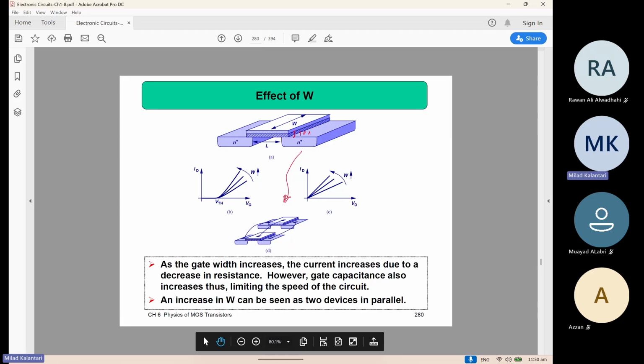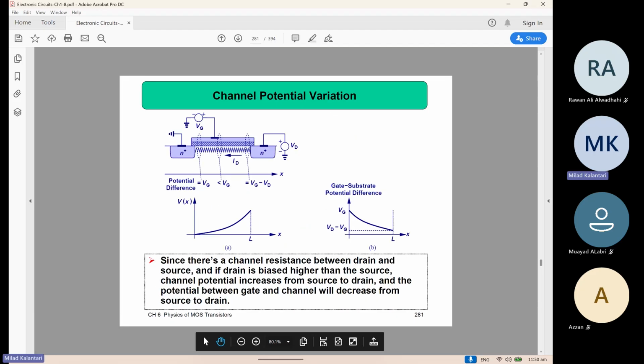Basically, the width is just a paralleling factor. If you want a higher current, you just parallel multiple resistors to reduce the resistance and increase the current, right? So these are several parameters you can tell from the physical structure, right?